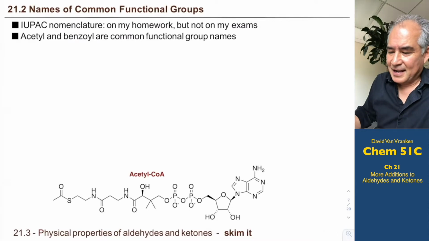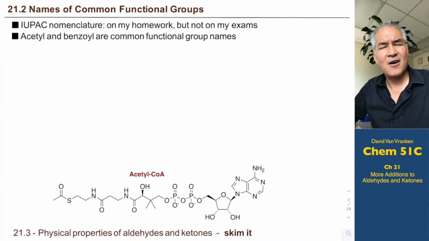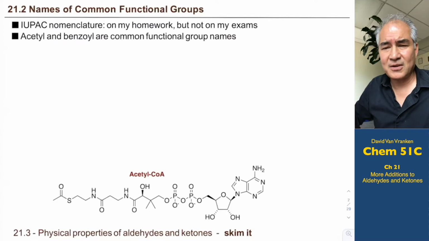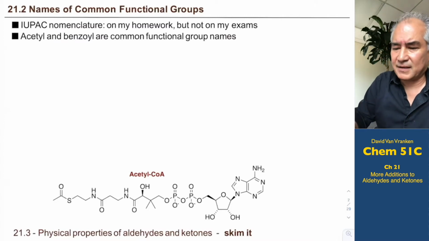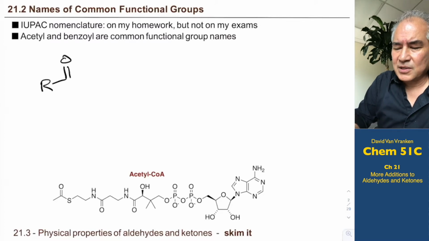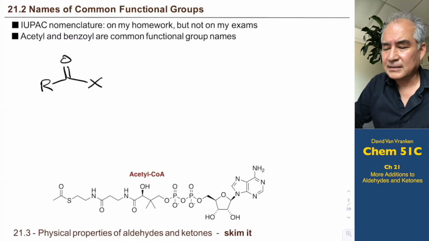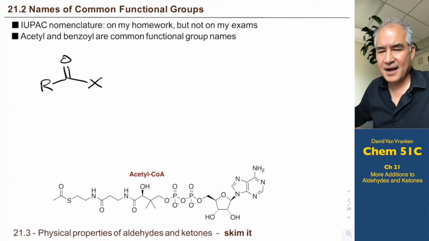Generally, I expect you to know two common functional groups that aren't always aldehydes or ketones. It also applies to carboxylic acid derivatives. So the general class of functional groups that I expect you to know are called acyl groups. When you have some sort of an R group attached to a carbonyl, it doesn't matter what's here. That X could be a nitrogen, oxygen, carbon.